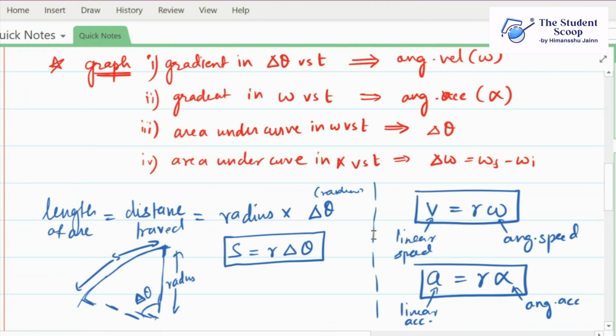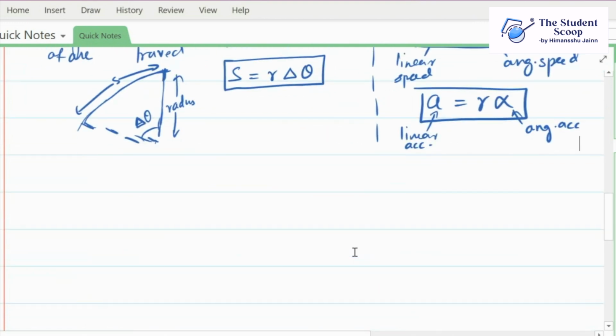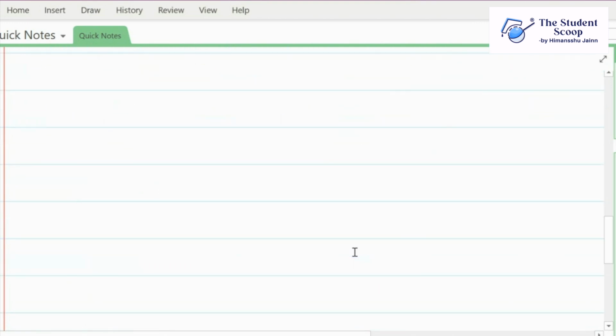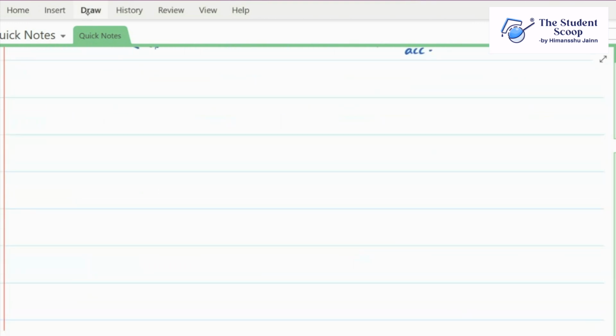Once we know all those things, there are more important quantities on the basis of which questions are asked. One is torque. What is torque?